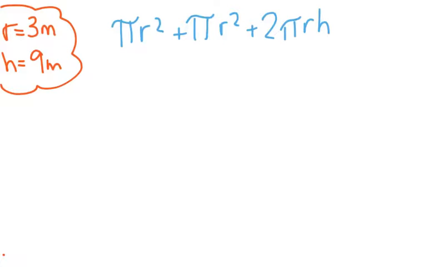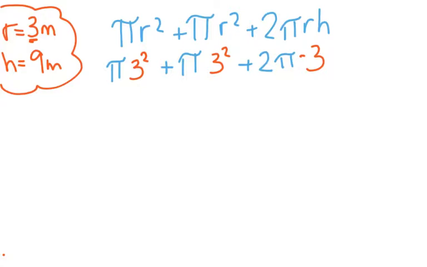So I am going to write pi times radius squared plus pi times radius squared. I'm just pulling it right from the left here. Plus 2 times pi times the radius of 3 times the height, which we know is 9.